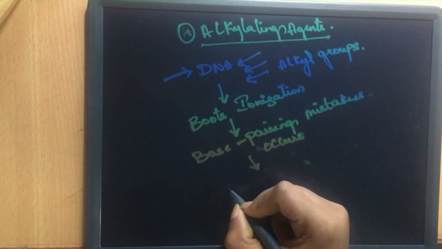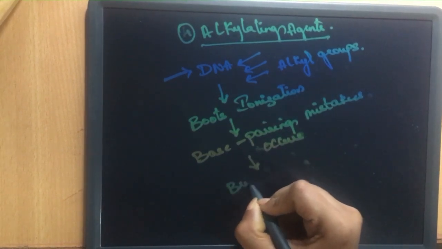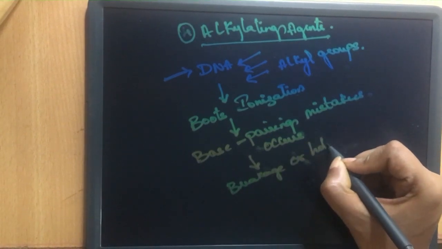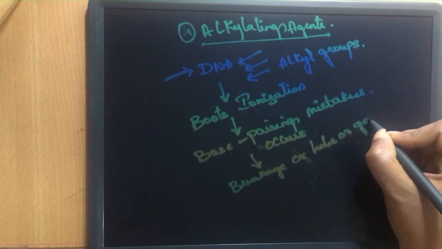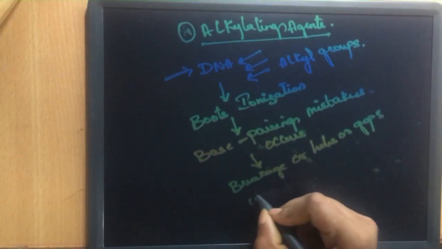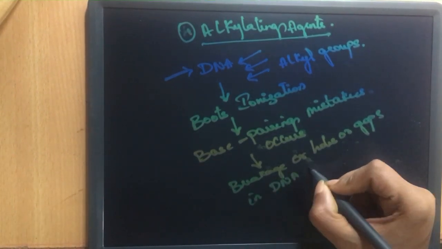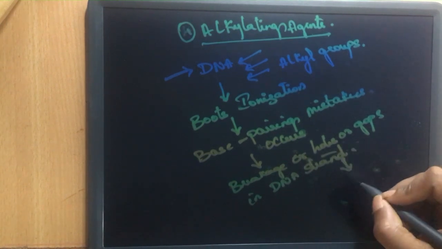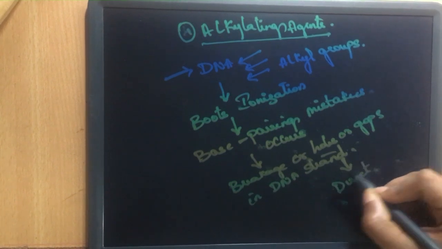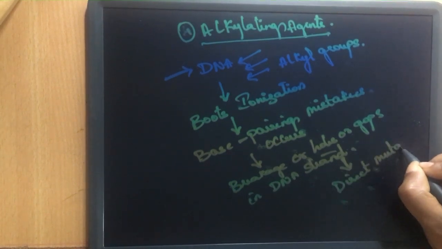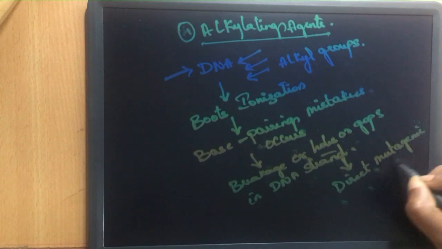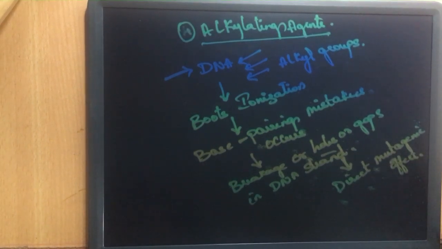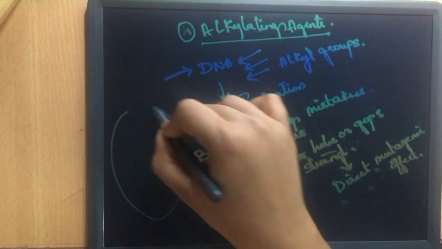It causes breakage or holes or gaps in the DNA strand, thereby having a direct mutagenic effect. So what are the examples of this?